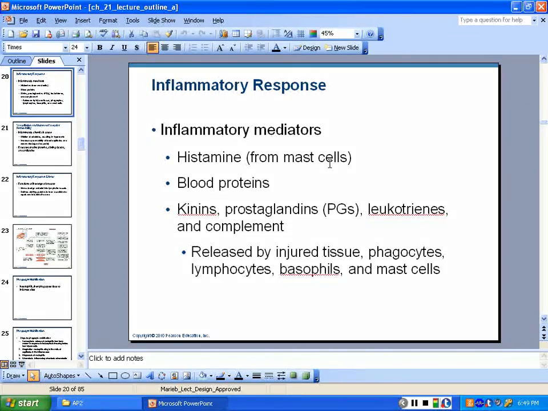That's cool. What causes the swelling? The increased capillary permeability, the fluid in the tissues, causes the swelling. What causes the heat? The increased blood flow. How hot's your blood? Do you remember from the blood lecture? 100.4. So you take a lot of blood to an area, it starts to heat up.